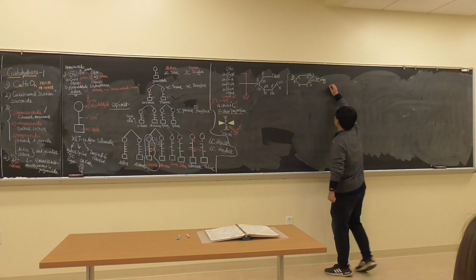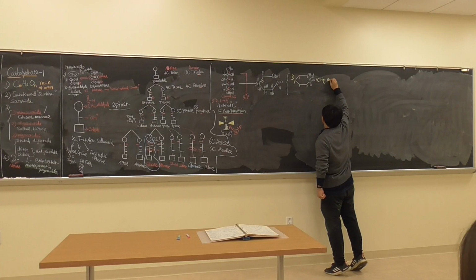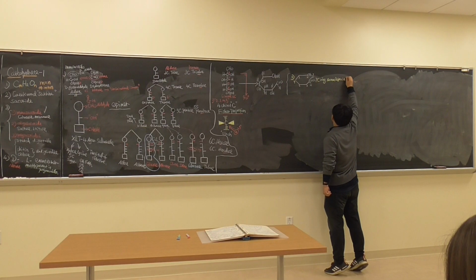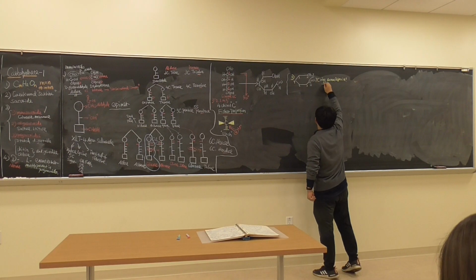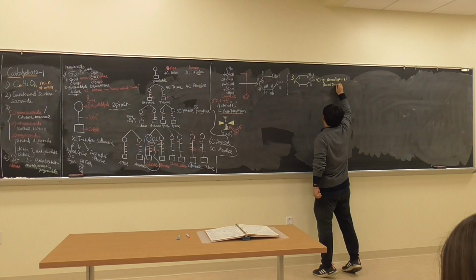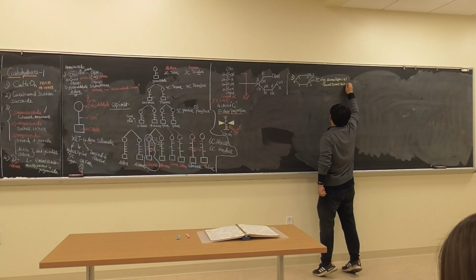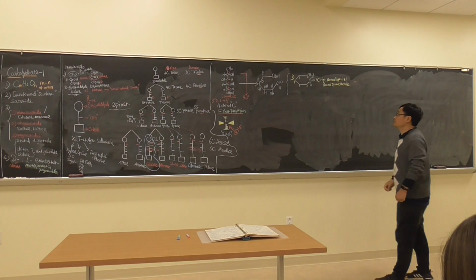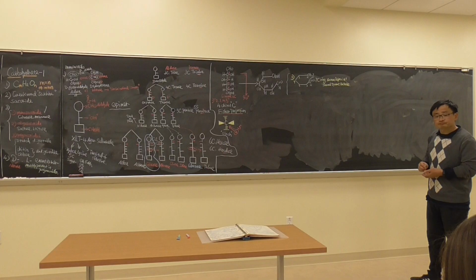Unfortunately, our nature rejected it, because it is thermodynamically unstable. So we don't have a 7-carbon ring.